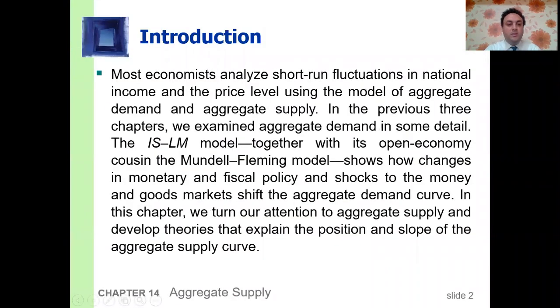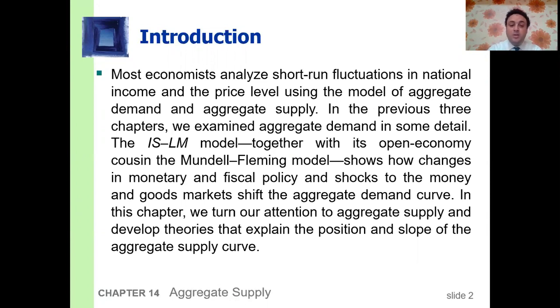You have to know that most economists analyze the short-run fluctuations in national income and the price level using the model of aggregate demand and aggregate supply. In the previous three chapters, we examined aggregate demand in some detail, the IS-LM model and also the Mundell-Fleming model in the open economy.